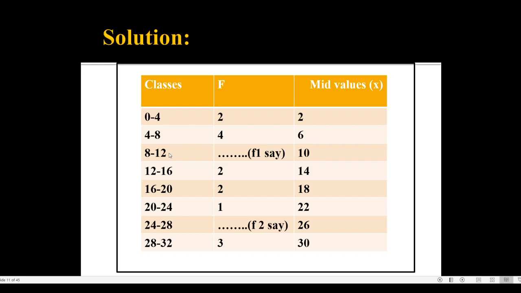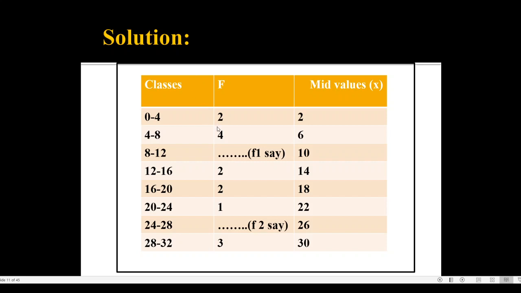Then the third mid value is 12 plus 8 upon 2, 12 plus 8 is 20, 20 upon 2 is 10. Then the next mid value is 16 plus 12 upon 2, equal to 14. Like this we can find the mid values.